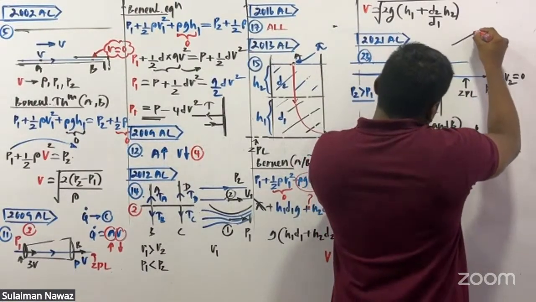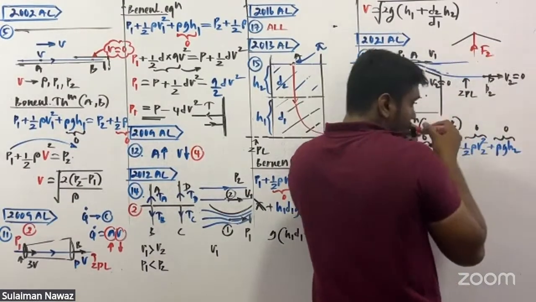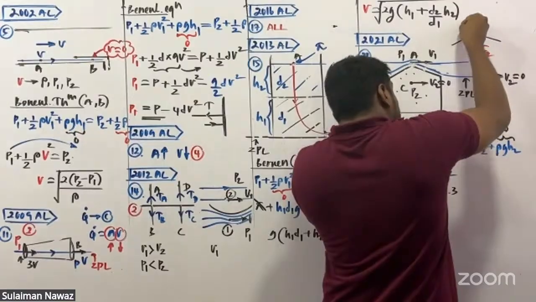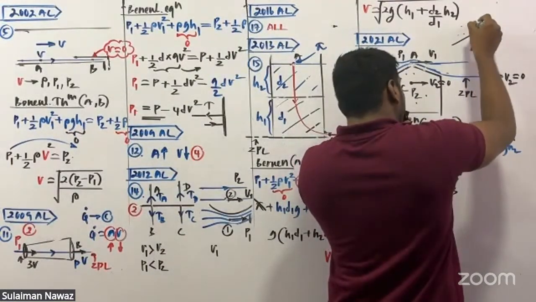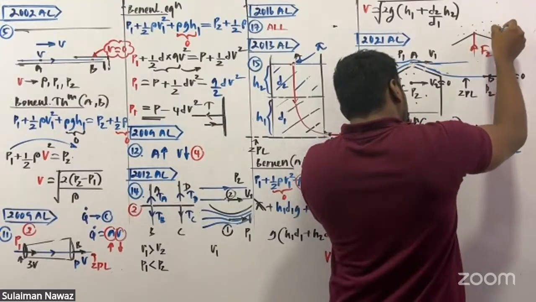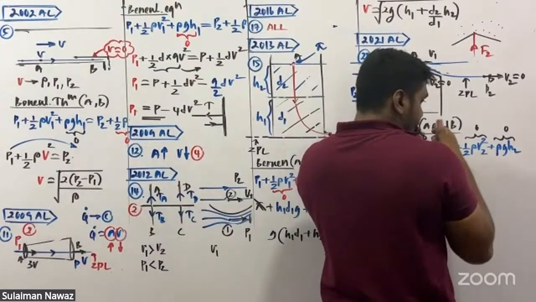That is F2. Due to the pressure of the air above the roof, there is a pressure force acting toward the roof, perpendicular to the roof. This story is explained.